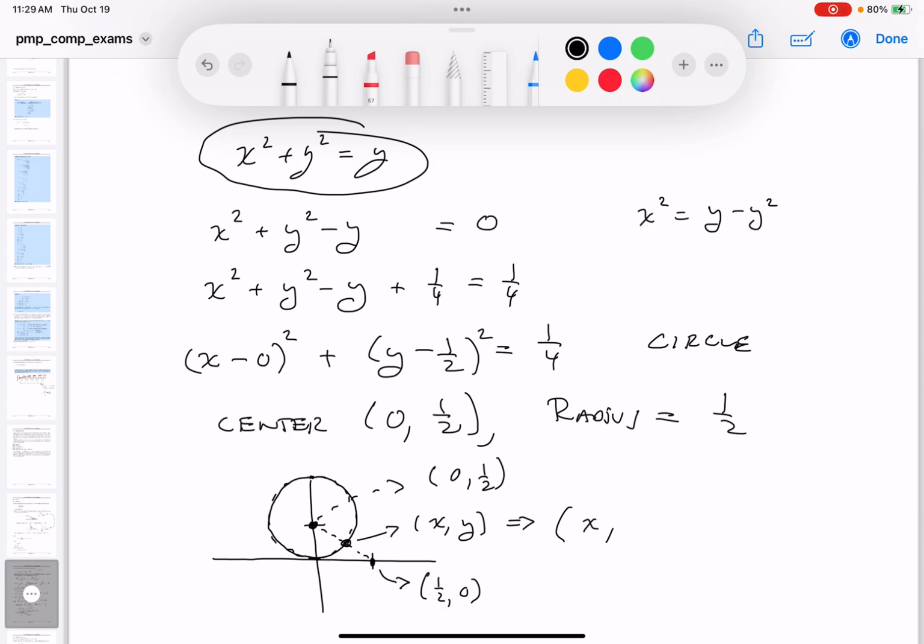And this is still x, y. Let me keep doing this. x equals, I'm certainly in the first quadrant, so I'm not going to use plus or minus. x equals the root of y minus y squared. And let's write this down then: root of y minus y squared, comma y.